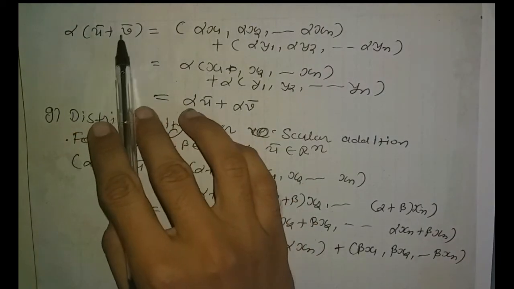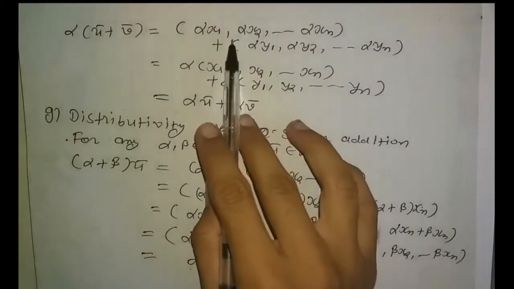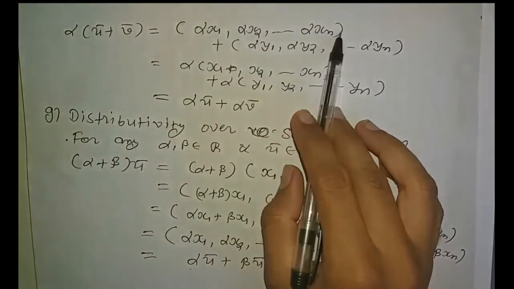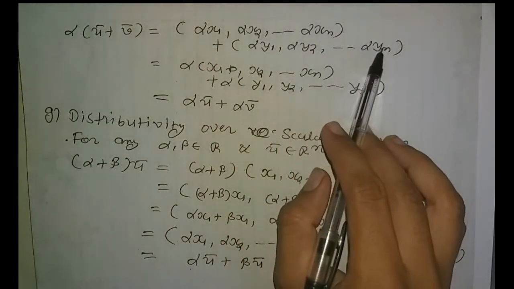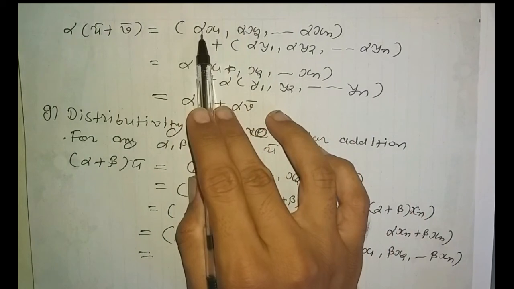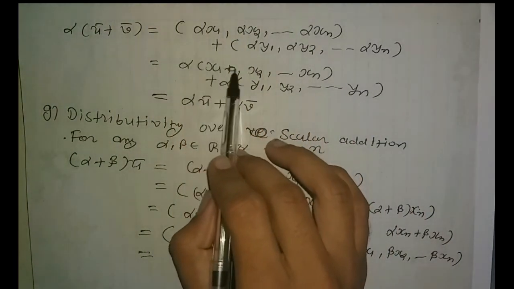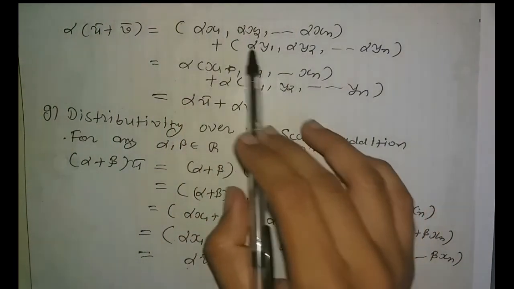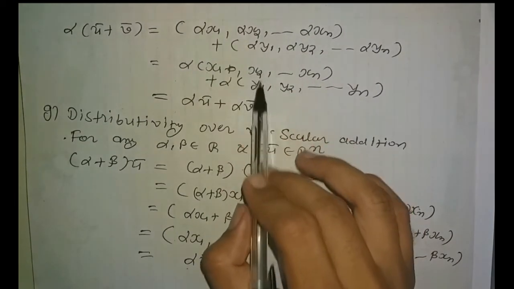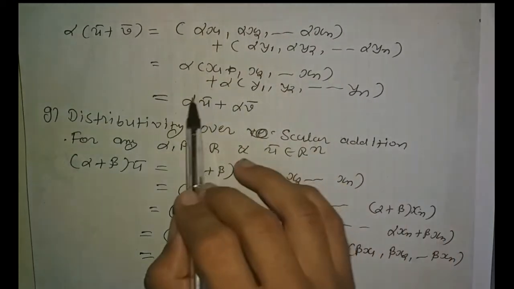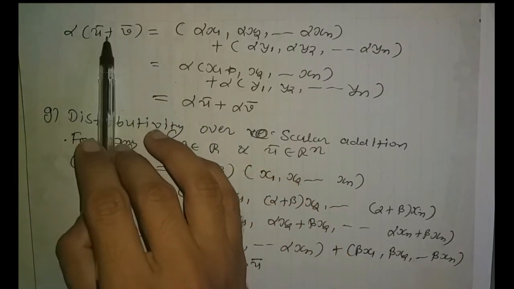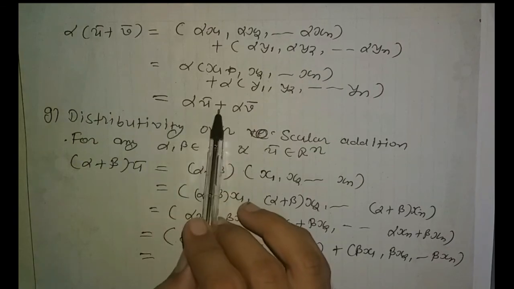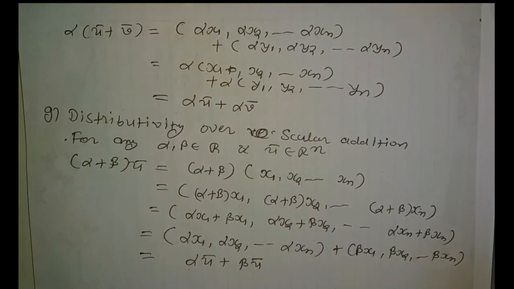So this is the vector alpha x1, alpha x2 up to alpha xn plus the vector alpha y1, alpha y2, alpha yn. This is the scalar multiplication of alpha with vector x1, x2, xn, and the scalar multiplication of alpha with vector y1, y2, yn. This is equal to alpha u bar plus alpha v bar. So alpha (u bar plus v bar) equals alpha u bar plus alpha v bar, and distributivity over vector addition is satisfied.